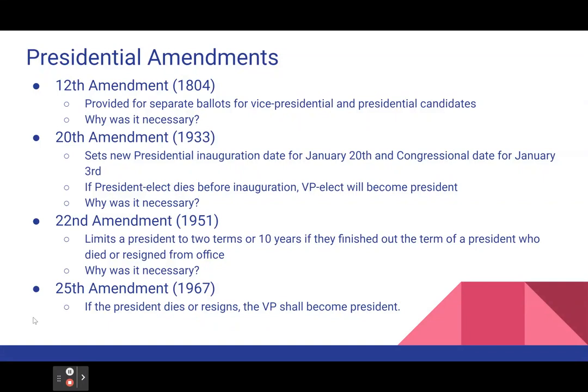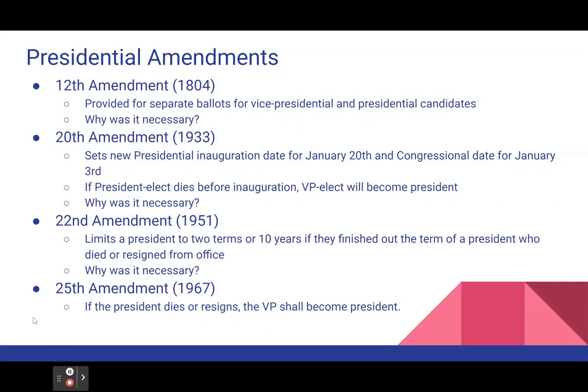The Constitution, here's the problem, had no provision allowing for the replacement of a vice president. There were several presidents who served without vice presidents, especially those who became president upon the death of a president. So under the 25th Amendment, the president could nominate someone and Congress would approve with a majority vote.